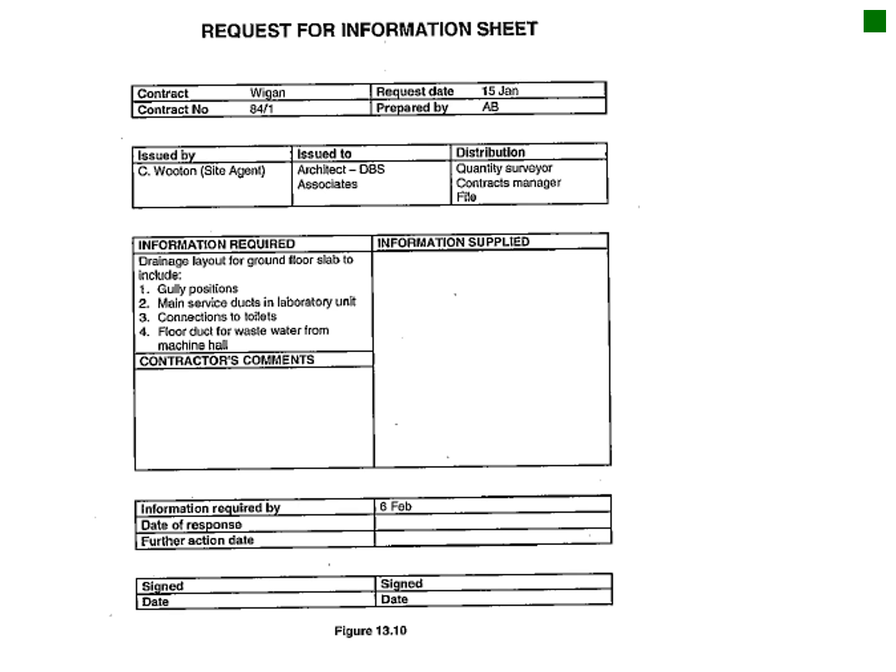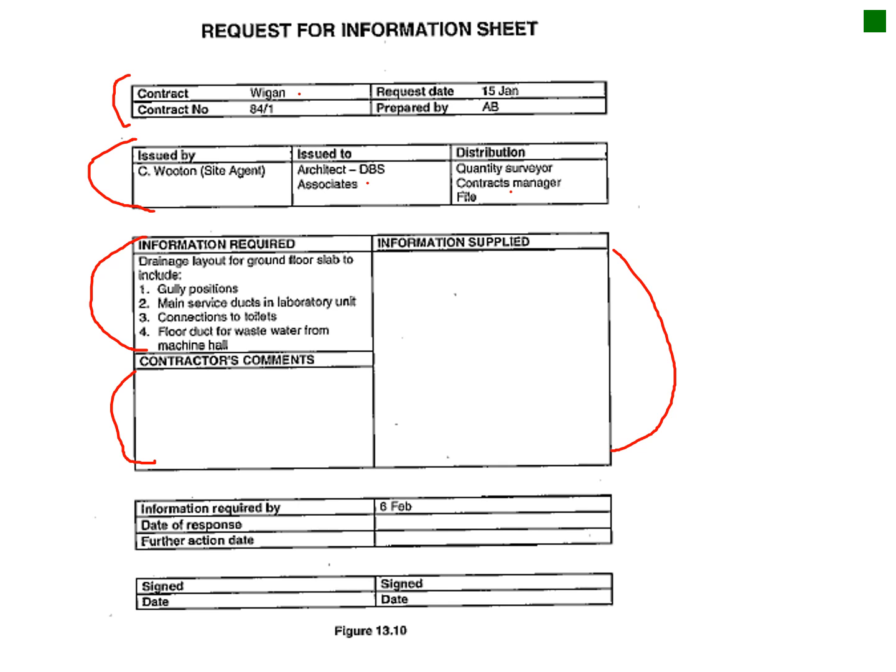Okay, then the breakdown. Your request for information sheet has the contract, the basic contract information. Then you get the information is required by whom, to whom, and issued to whom. And the information required, and then you've got places where the information, when it's actually supplied, is to be filled in.